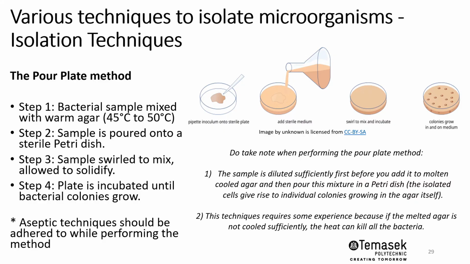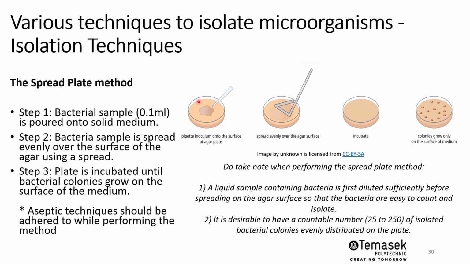So another technique to isolate microorganisms is the spread plate method. This spread plate method we didn't manage to practice during our practical, but nonetheless, it's a method that can be used to isolate your colonies. So in this case, you have a bacterial sample as an inoculum. You are adding it onto a solid agar here.